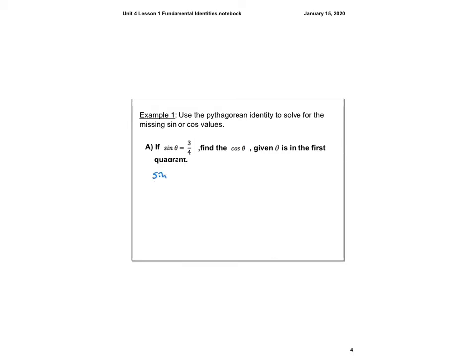So if I've got sine squared theta plus cosine squared theta equals 1, I can plug my sine value in there and square it. If I square both the numerator and denominator, I get 9/16.